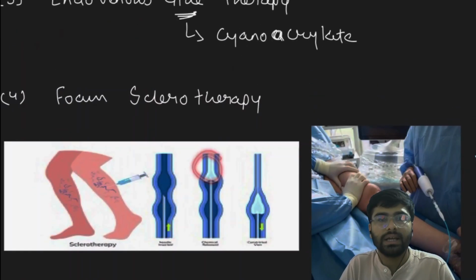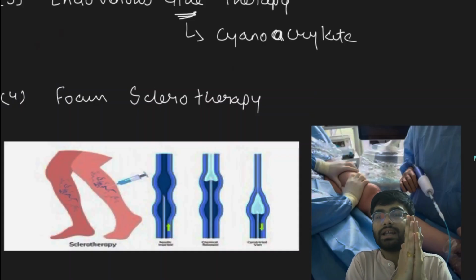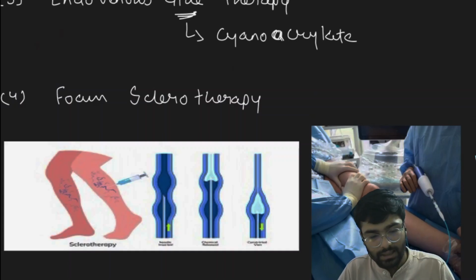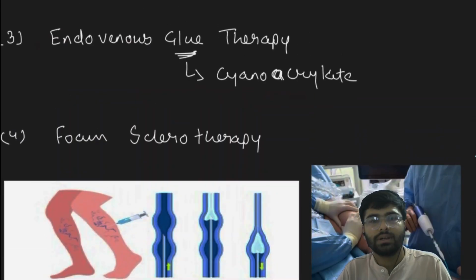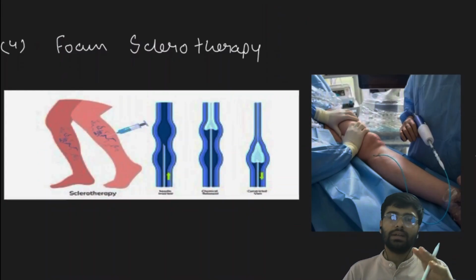And what will this material do? It will shrink the vessel. Earlier I've told you these vessels are not at all important. So even if it is present or absent, it doesn't make sense. So what if we shrink them? This material, cyanoacrylate, will cause shrinkage, and that will heal the varicose vein.